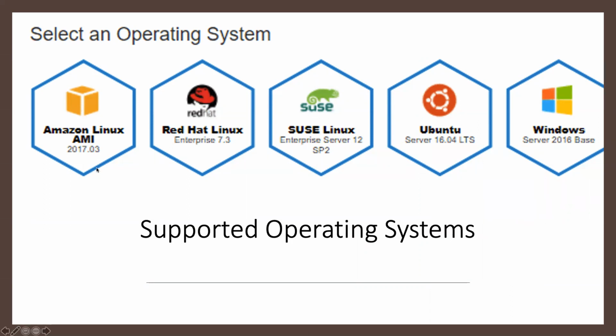They have Amazon Linux, and they support Red Hat, SUSE, Ubuntu, and Windows. Don't pay attention to the versions. They support Ubuntu 18.04, 14.04, and with Windows, they support Windows 19, 12, and I think they stopped supporting 2008.